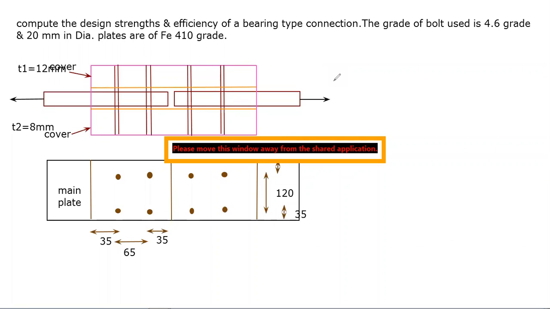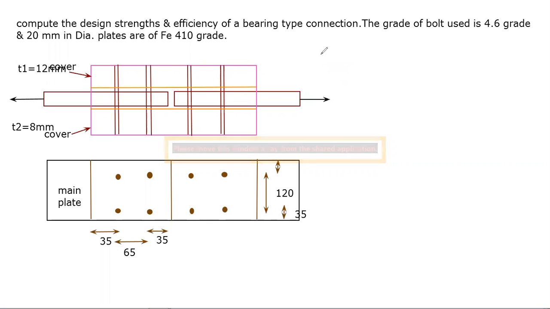Okay, now how to find the design strength? That is the VDSB, design strength. Either it may be shearing or bearing. Okay, so the shearing strength of bolt, the formula for shearing strength, that is VDSB. Already we have seen it in our previous lectures.